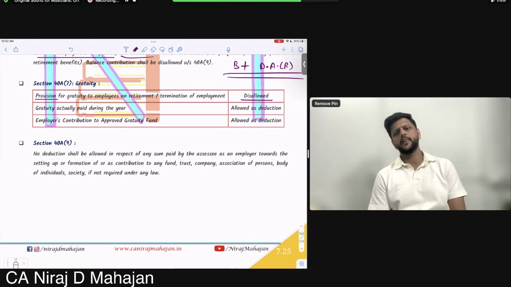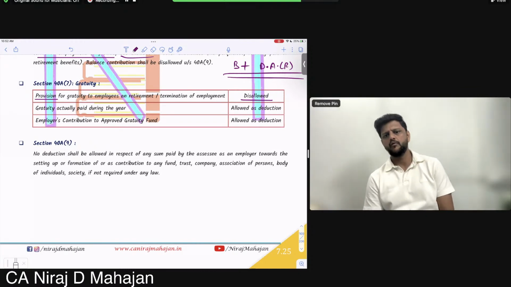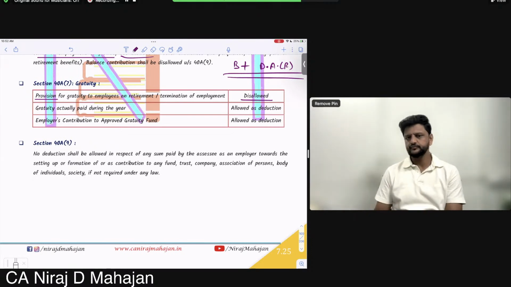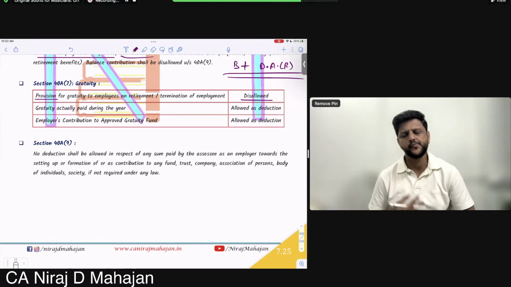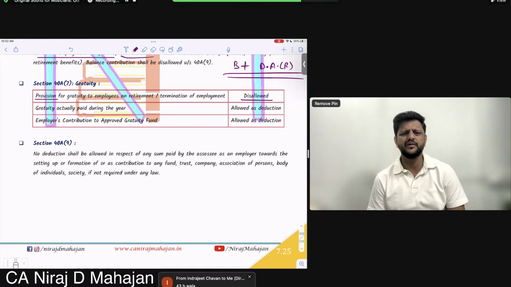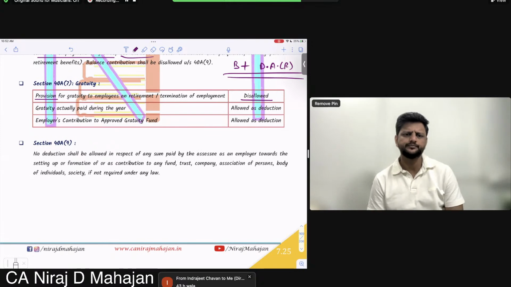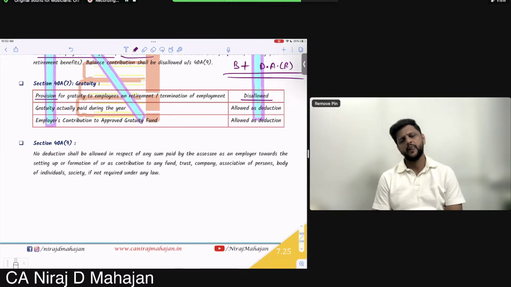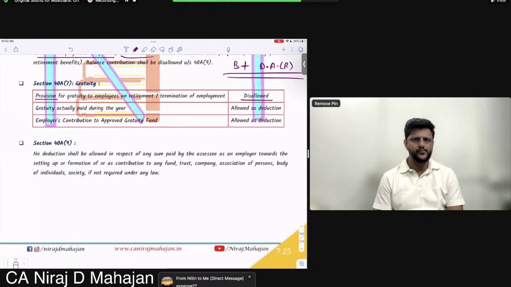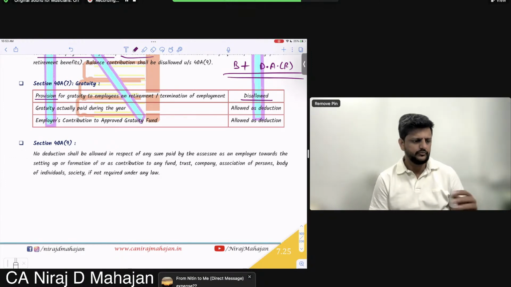Which provision was not allowed? 43B provisions. How much is allowed on payment basis? Some other provision. They said if this is a provision, it is not allowed. Provision for bad debts. Very good. Provision for bad debt is not allowed. Only actual bad debts written off is allowed.